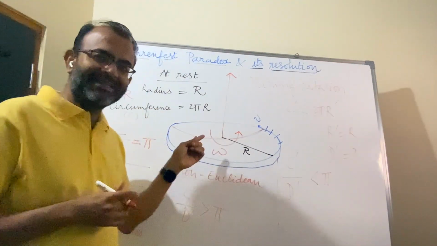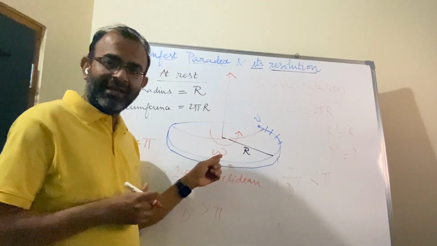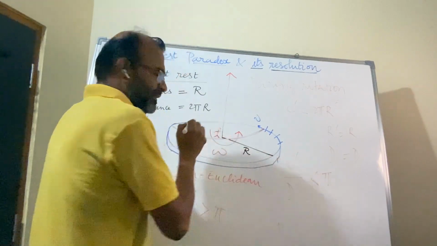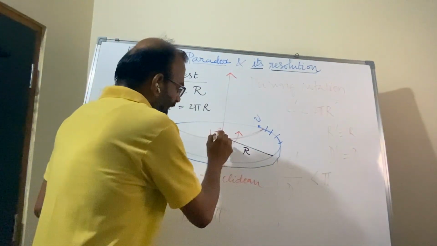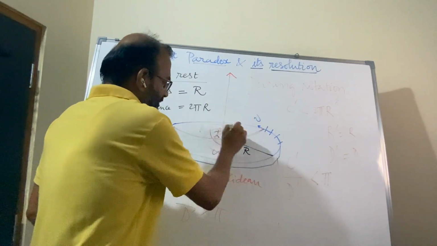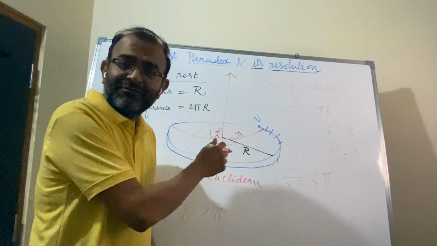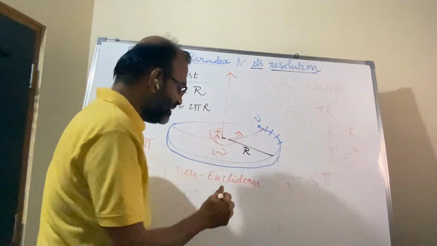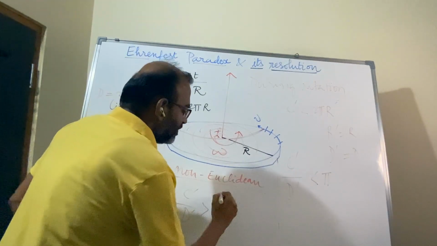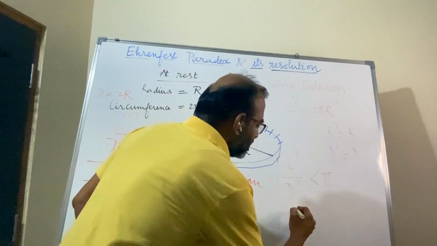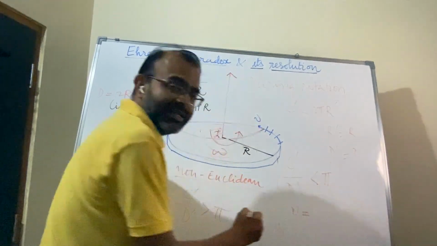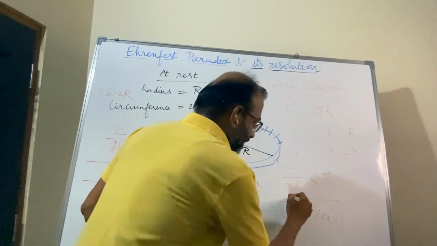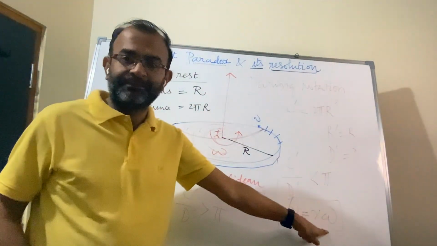Let us assume that the disk is now rotating at a constant angular speed, and let us place an observer at the center of this disk. As the radial distance from the center increases, at different points the velocity keeps increasing, because we know that for a circular motion the linear velocity is a product of the radial distance and the angular speed.